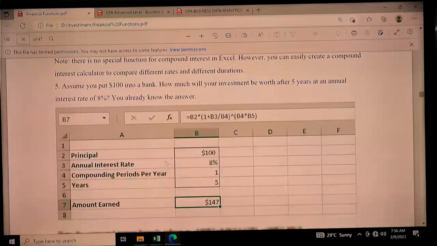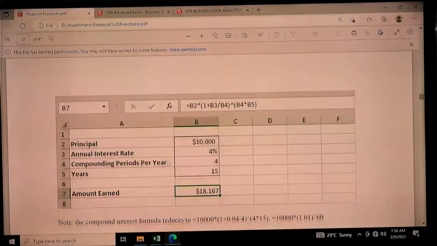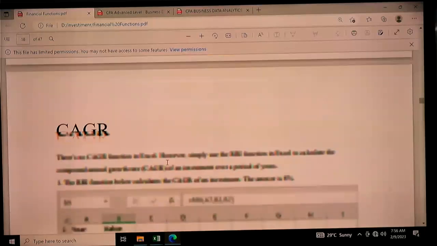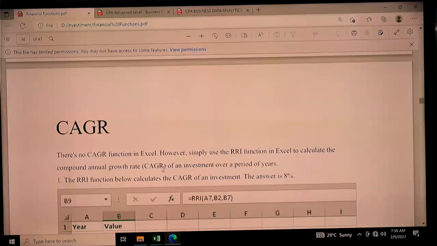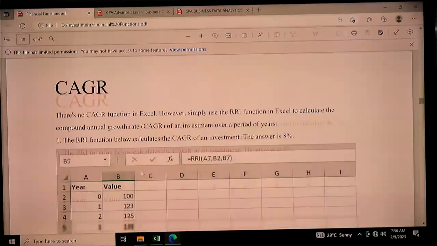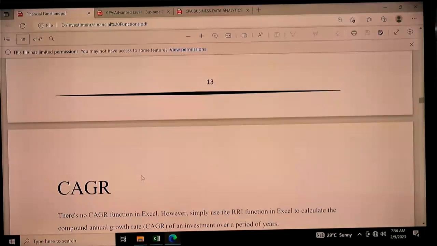You can note this one, the compound interest, somewhere. We'll discuss it in our next lesson, and something else called the compound annual growth rate. We discuss this one on Saturday, with some good examples. So that is the first function that we use to compute this.